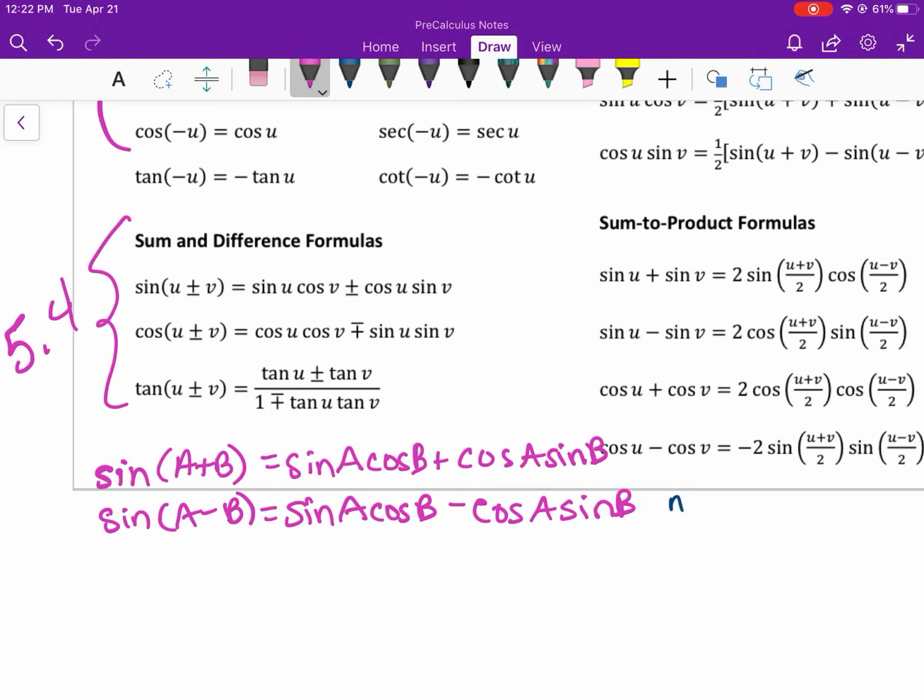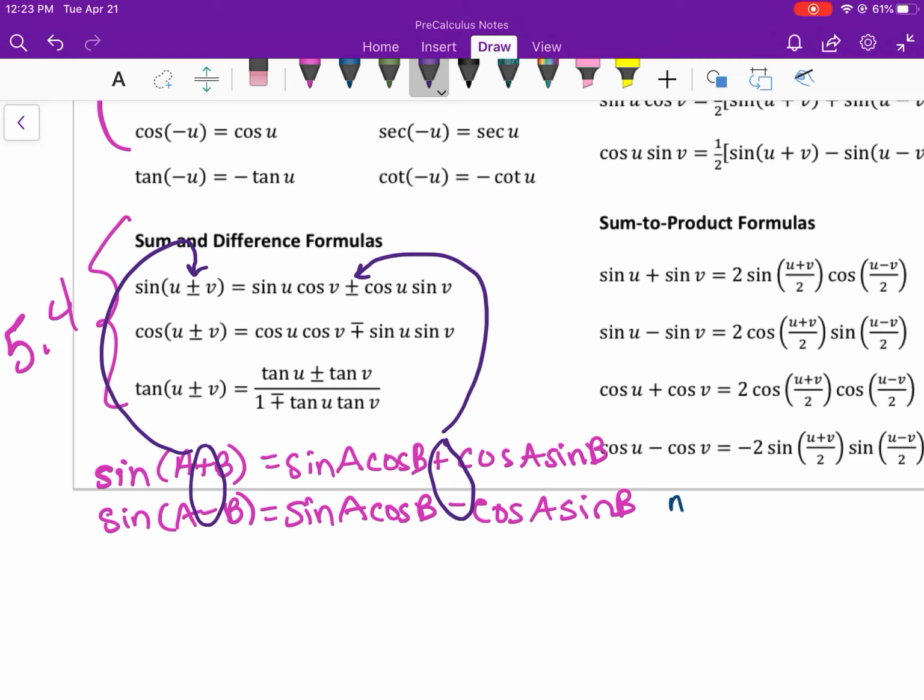All right, if you take those two formulas and you switch out the A and B for U and V, and then you write them together, there's your plus minus, and there's your plus minus. So those are the pluses and minuses you see right here. Does that make sense? So if you were interested in finding the sine of U plus V, you would follow the top sign on both.